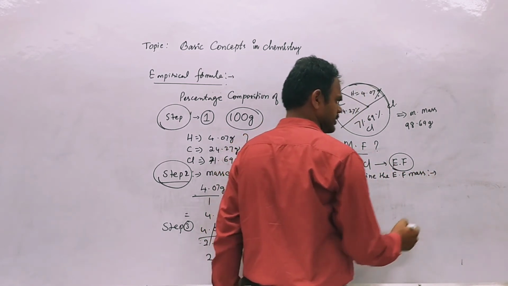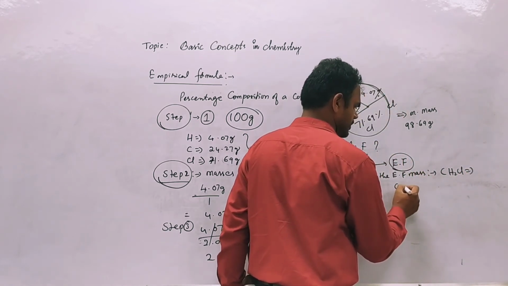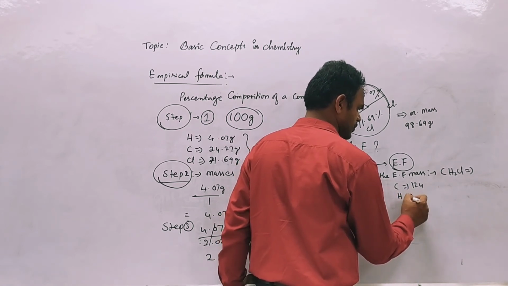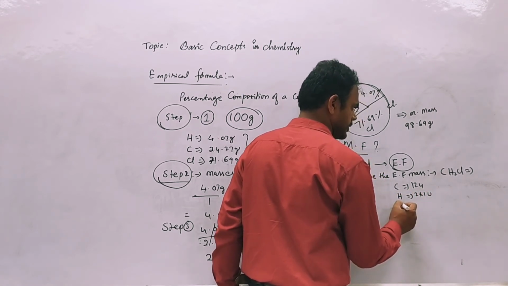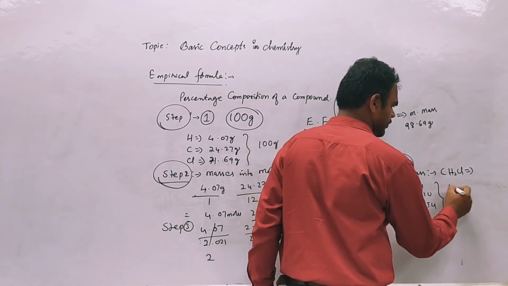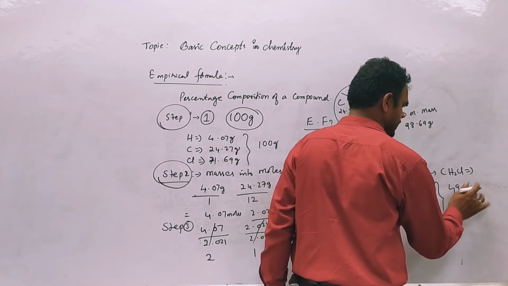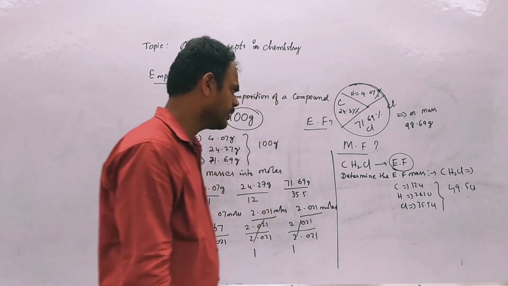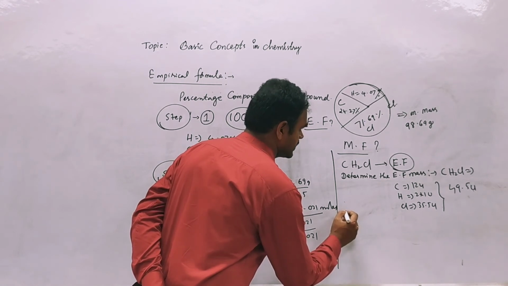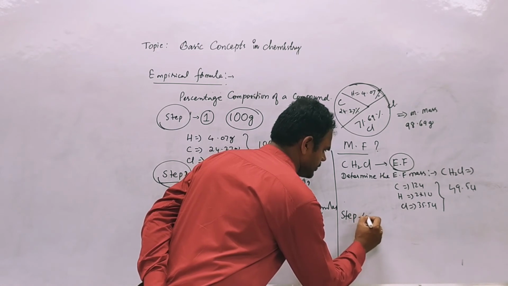It is 1 carbon, 12 u, plus hydrogen, 2 times 1 u, plus chlorine, 35.5 u, together 49.5. The empirical formula mass is 49.5.